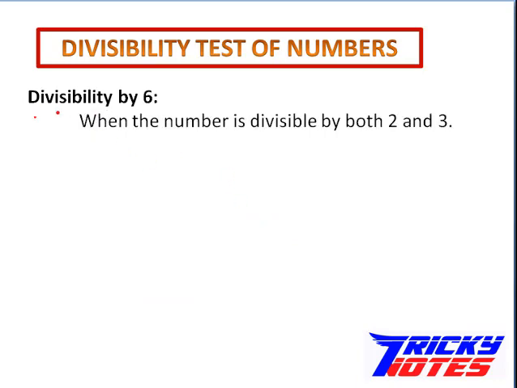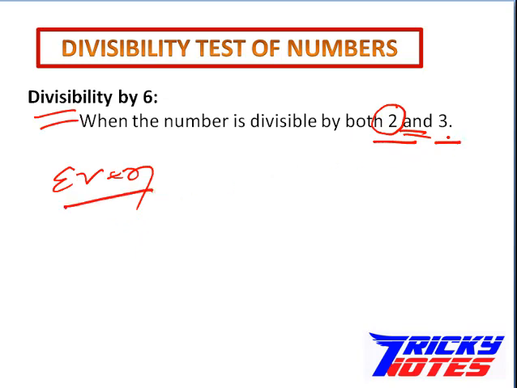Now divisibility test by 6. Here we need to remember two things. If a number is divisible by 2 and 3 both, then the number is divisible by 6. If a number is divisible by 2, we know it has to be an even number. So any even number which is divisible by 3 is divisible by 6.